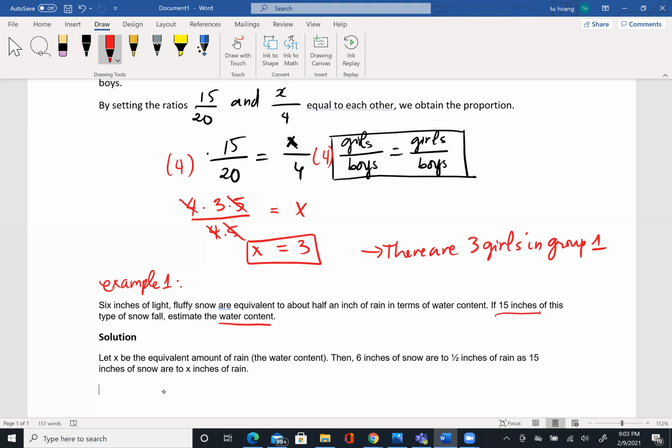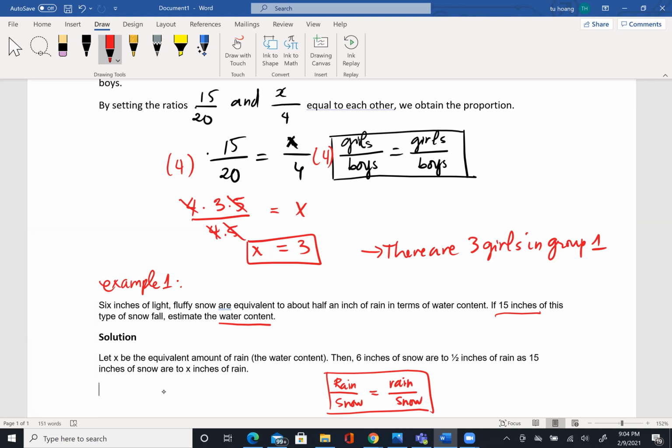So I'm gonna write rain on the top divided by snow, equals the rain on top divided by snow. Okay, remember that if you look for an X which is the amount of rain, then write rain on the top, because later on you just multiply the bottom, then you're gonna find X the right way.